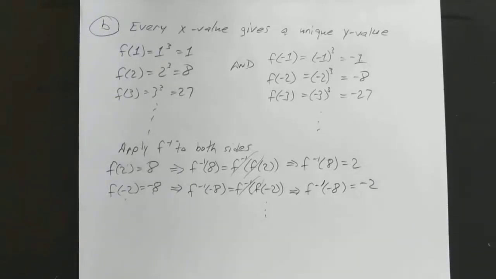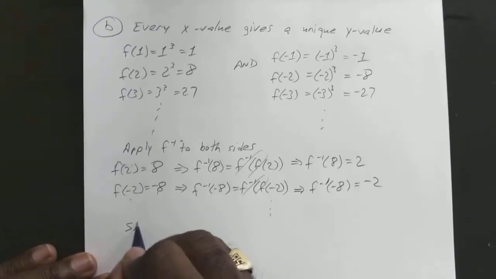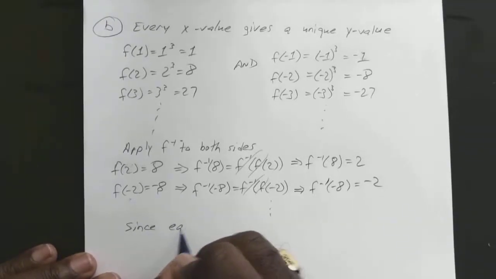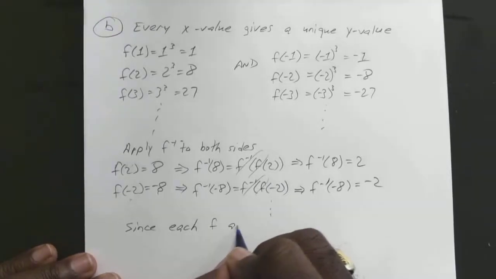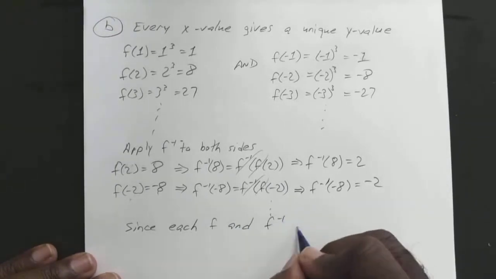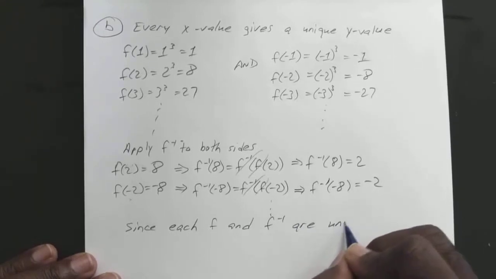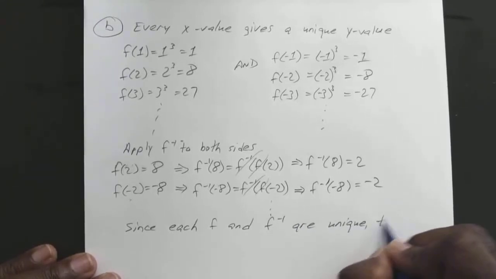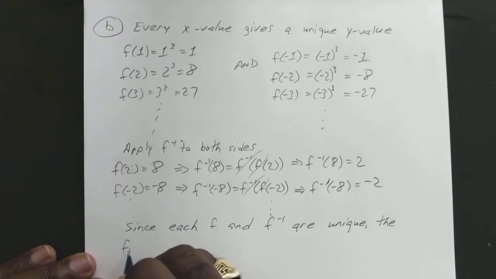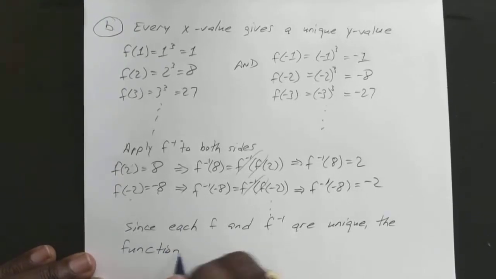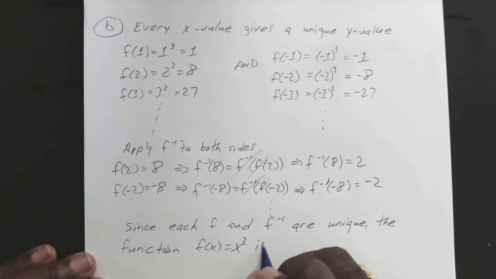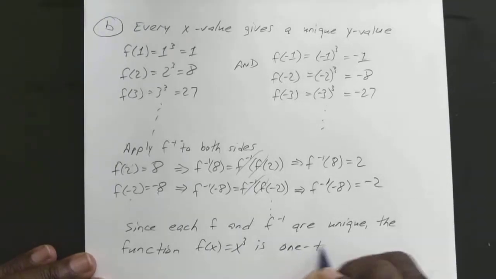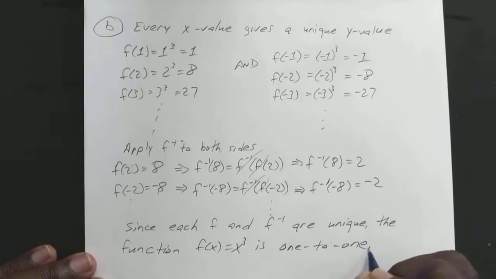Okay, since each one in both directions is exactly unique, then it's 1 to 1. So f of x equals x cubed is 1 to 1.